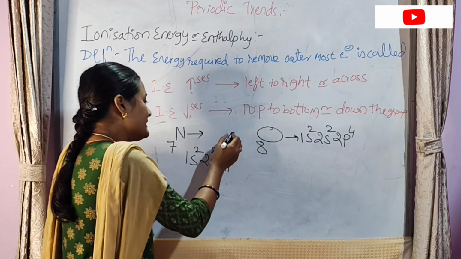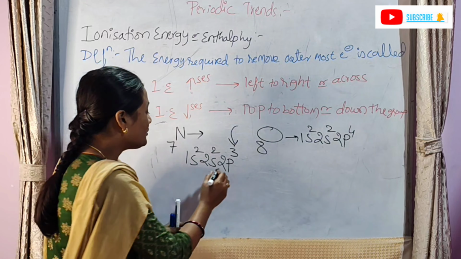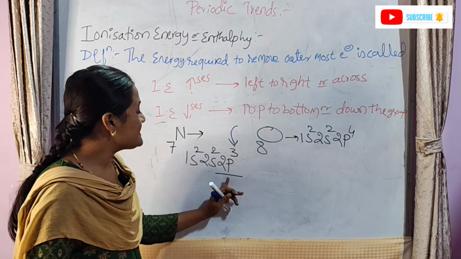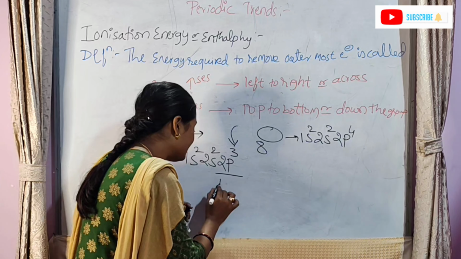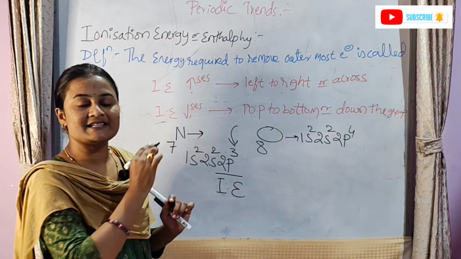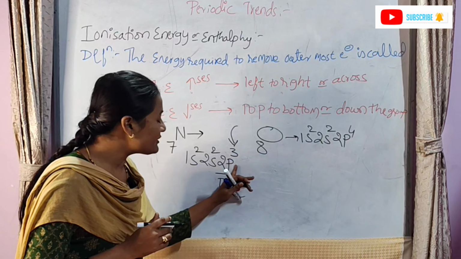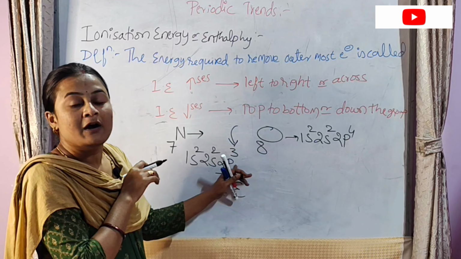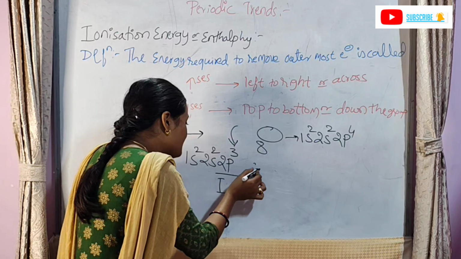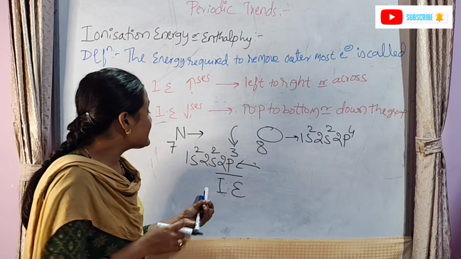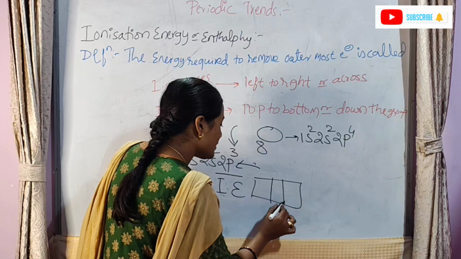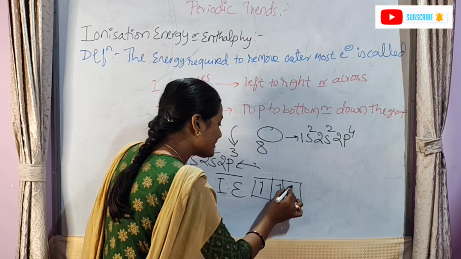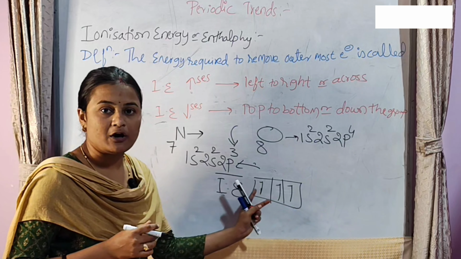If you want to remove the electron present in the p shell of nitrogen, it is very difficult. That is, a larger amount of ionization energy is required to remove this electron present in the p orbital. Why? Because if you observe the electronic configuration, p has 3 electrons in its valence shell, one in each orbital.